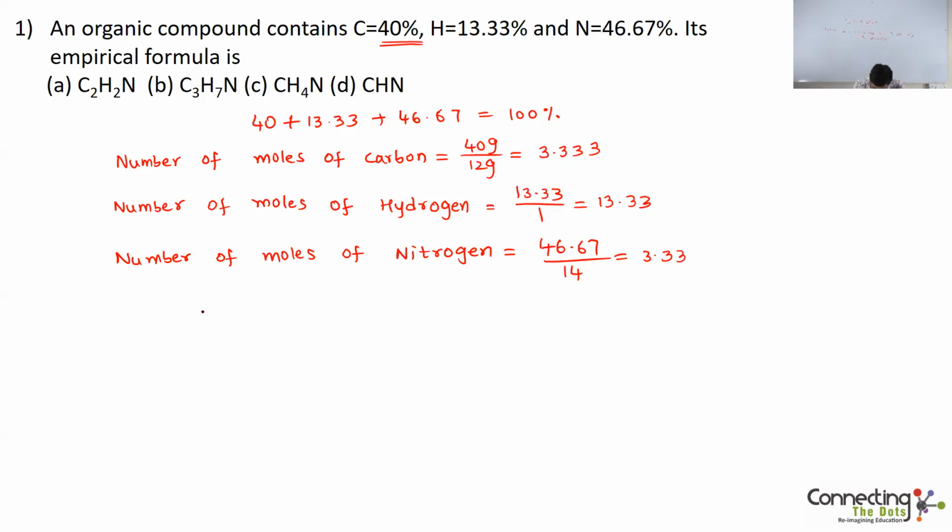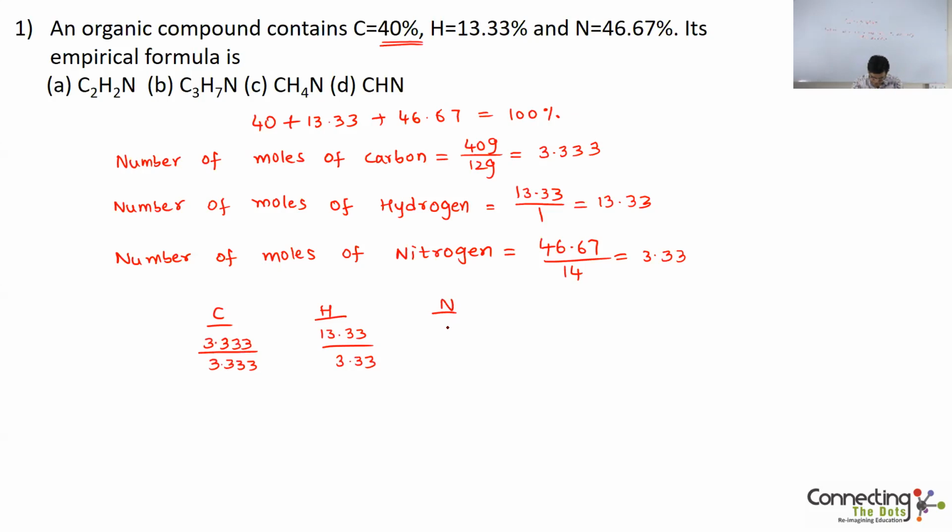So for carbon, it will be 3.33 divided by 3.33. For hydrogen, it will be 13.33 divided by 3.33. And for nitrogen, it will be 3.33 divided by 3.33. So this cancels off, it's approximately 1. This also cancels off, so it's approximately 1.